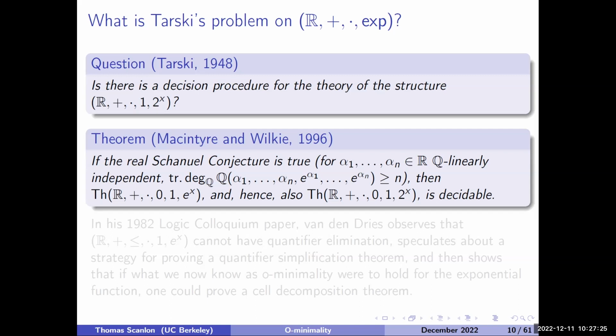Is there an O-minimal theory that's known not to be decidable? Because if you just throw in a function that's not recursive... Well, one thing I'm going to explain is you can get any restricted analytic function, a real analytic function defined on the closed interval, and you put that in as well.